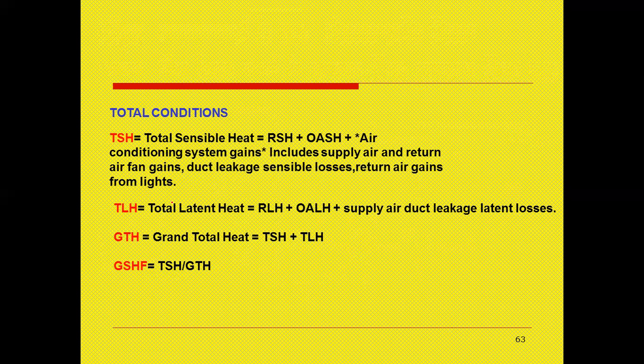Therefore, the TLH, total latent heat, is equal to RLH plus OALH plus supply air duct leakage latent losses. GTH is the grand total heat, equal to TSH plus TLH.